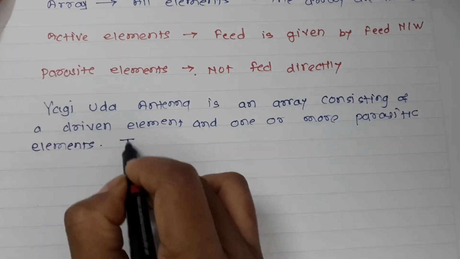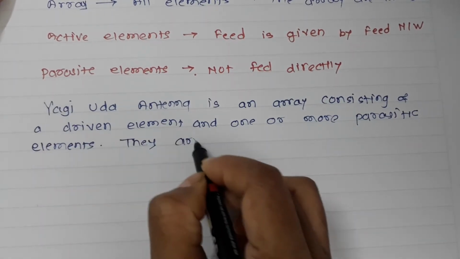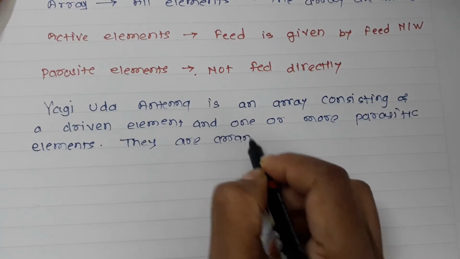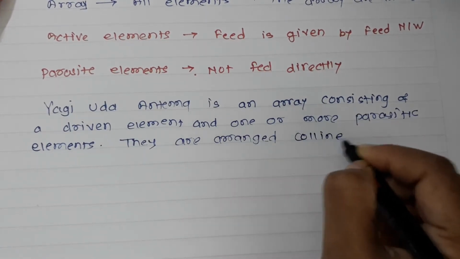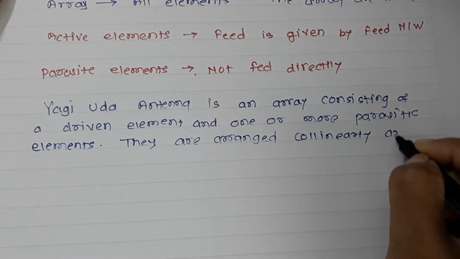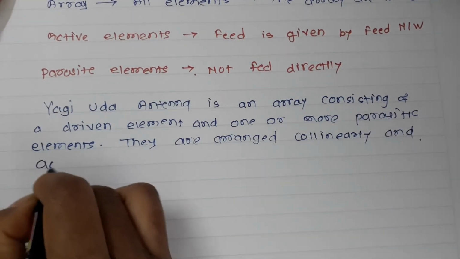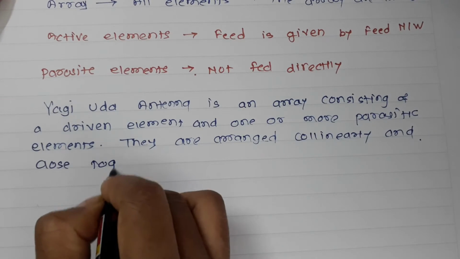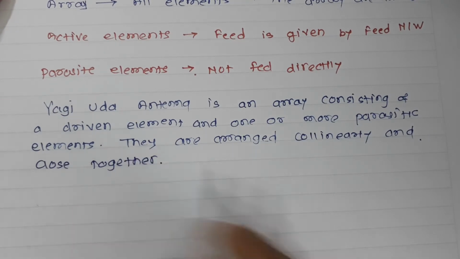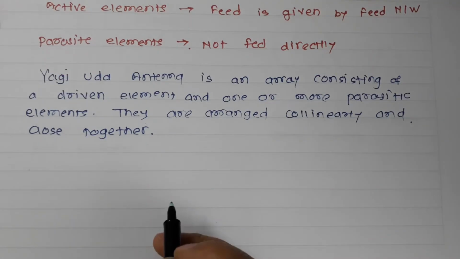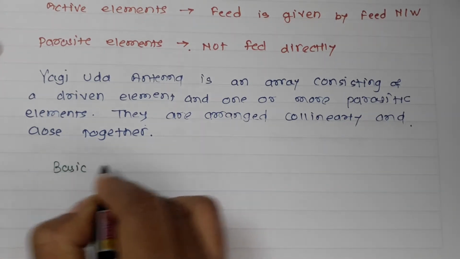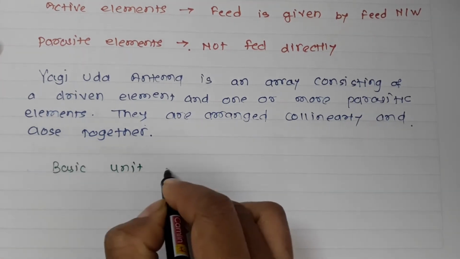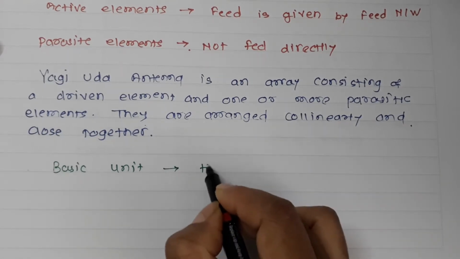They are arranged collinearly and close together. The basic unit of the Yagi Uda antenna consists of three elements.